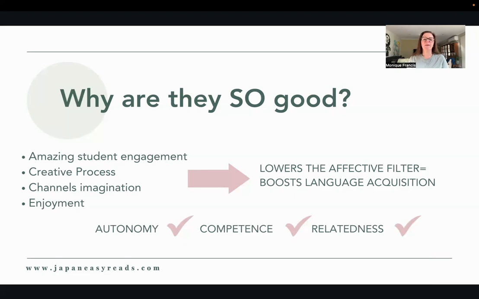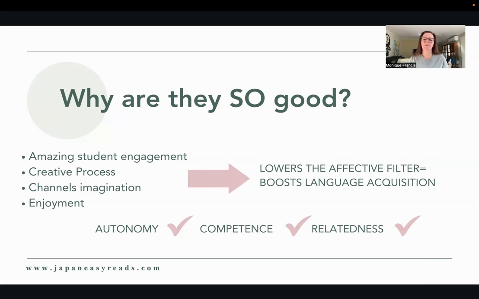So it really ticks the boxes of autonomy, competence, and relatedness. Autonomy being that they have choice, they have some agency over the direction of their character and how that's going to develop. They're experiencing success because it's their character. They're part of the process of creating it, so the competence is really high.